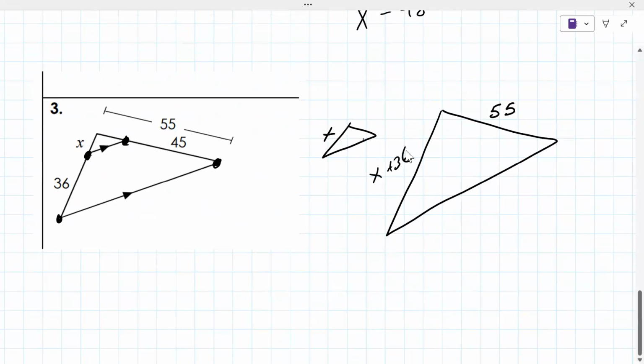Now we're trying to get this little length here. We know the whole length and then this other piece. So that little one would be 10. Yes. So now try setting up the proportion.